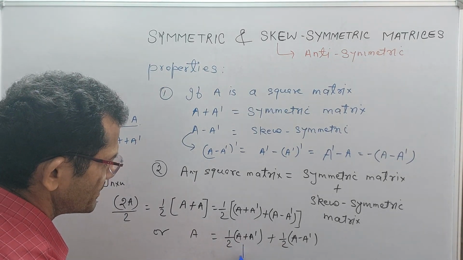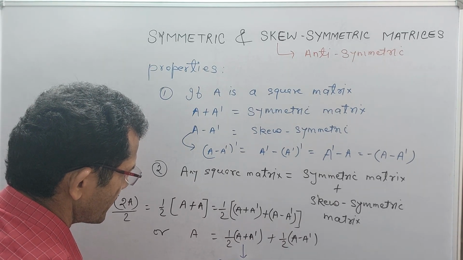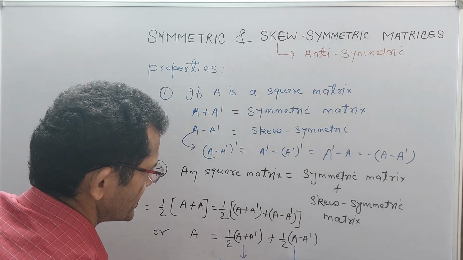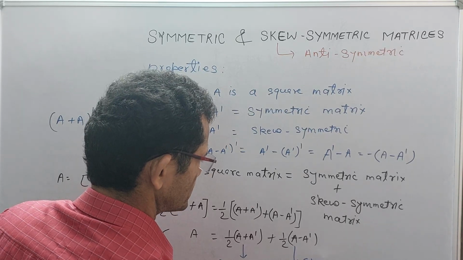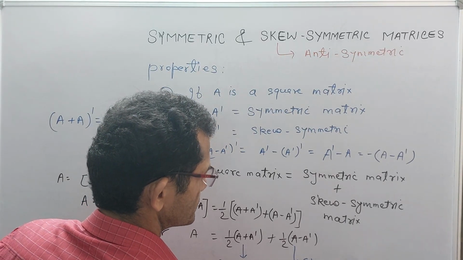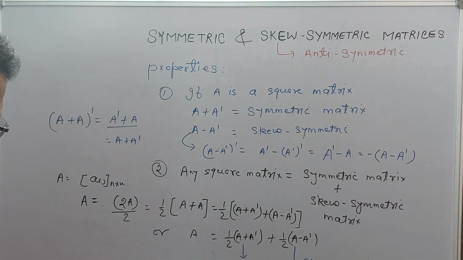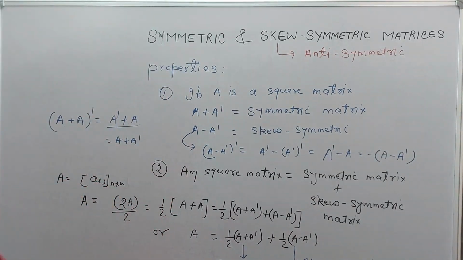So here this will be a symmetric matrix, and this will be a skew symmetric matrix. In this way, any square matrix can be written as a sum of a symmetric matrix and a skew symmetric matrix.